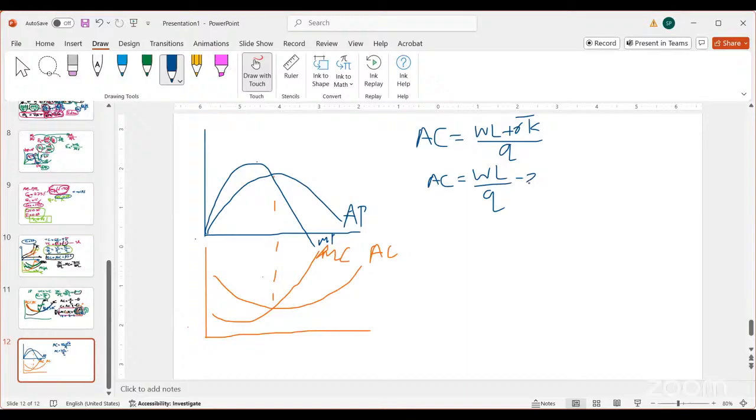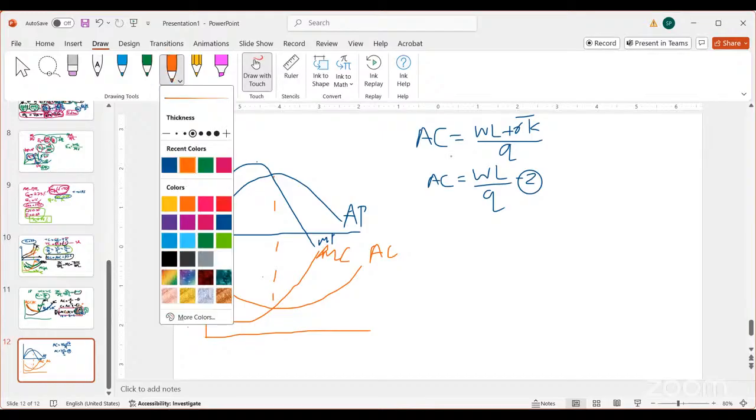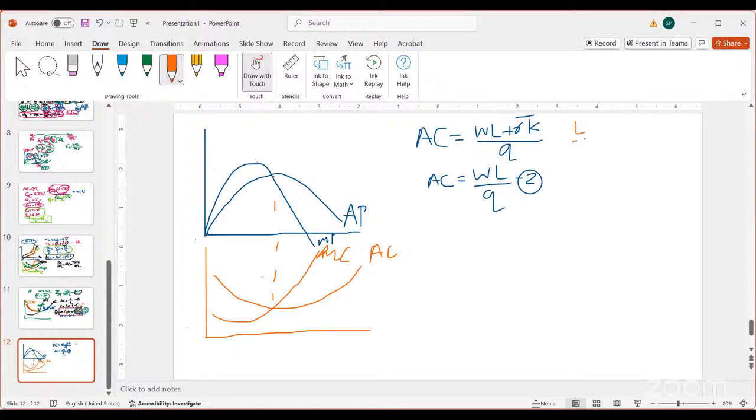Now this second equation, you can see the right-hand side has two components, one is W, the other one is L divided by Q. That has no meaning by itself, but you know what Q divided by L is. That is the average product of labor, which means L divided by Q means 1 divided by APL.